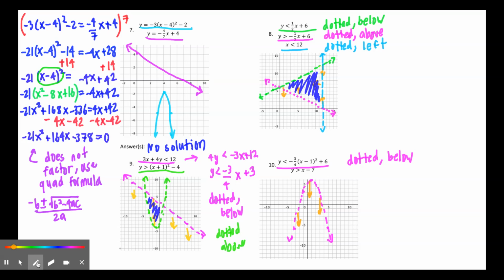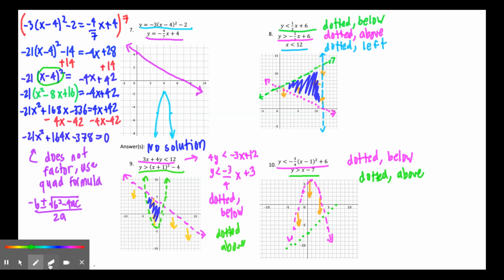And this other one is greater than x minus 7. So again, dotted and above. So x minus 7 is here. And then that's a slope of 1. So it has a y-intercept of -7 and a slope of 1.